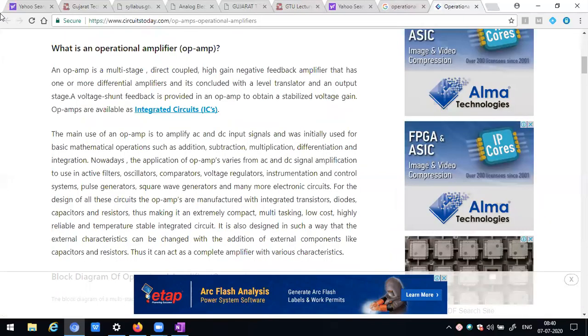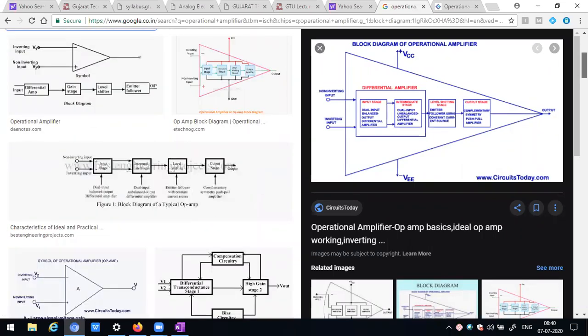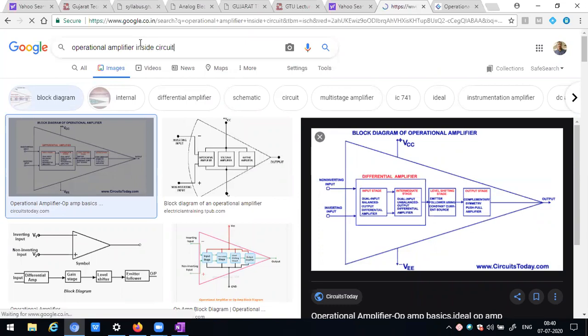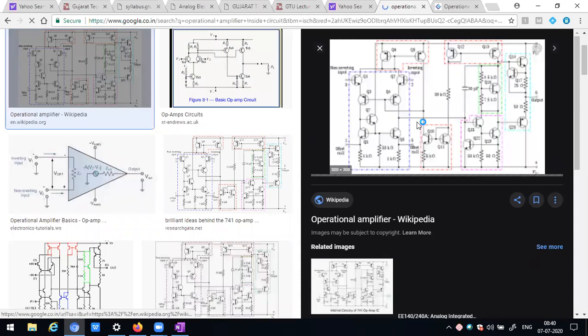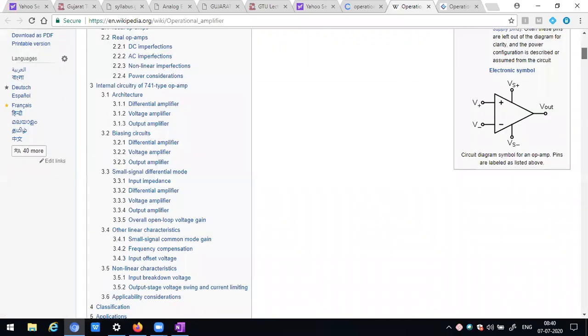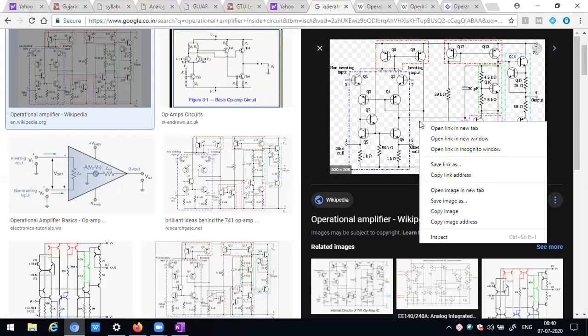Now see this. I have mentioned the entire figure, the inside circuit that can be present in the operational amplifier.